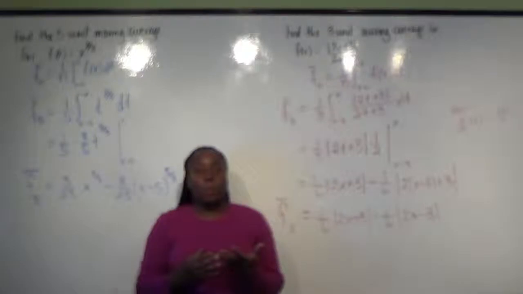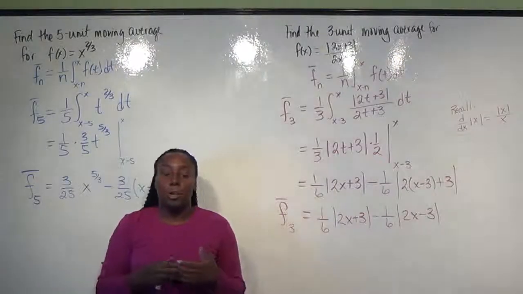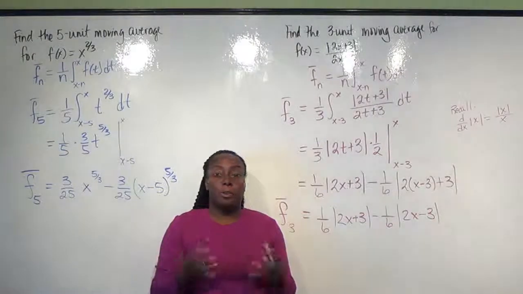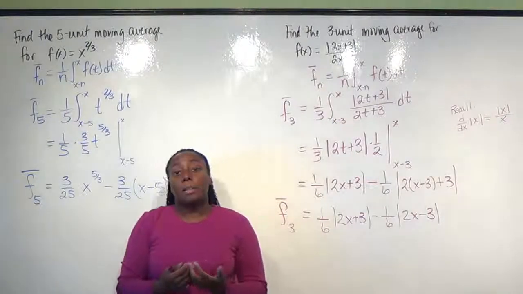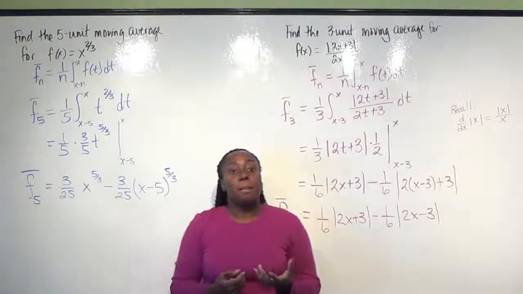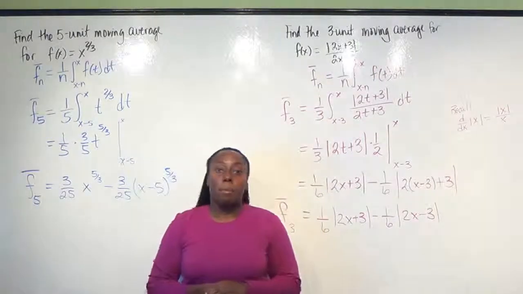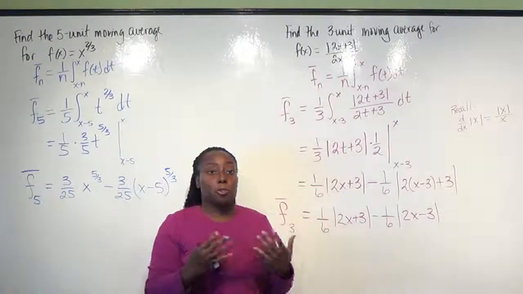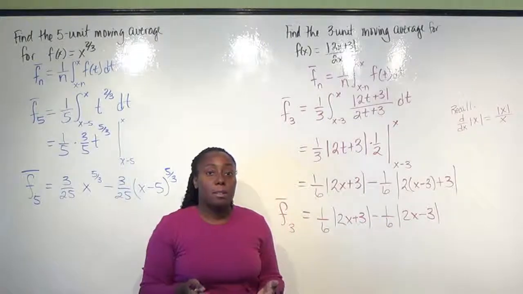Now, on your homework, you're going to see both types of these n-unit moving averages. The ones where you've got the table, but also the ones like this where you're given the function and you're finding the n-unit moving average function. Okay. On an exam, you would be asked to set up this type of a problem, meaning given the function, be able to set up this integral and evaluate it for nice functions.